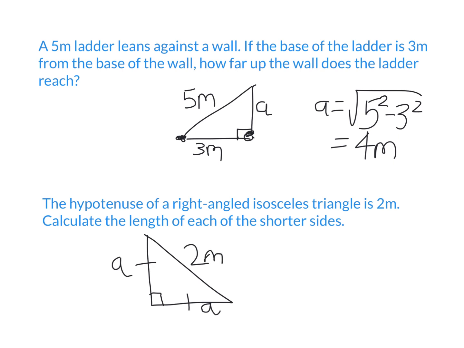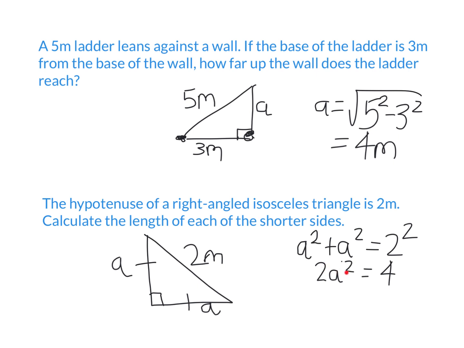So unfortunately here we can't skip straight to the formula. The reason is we have 2 unknown sides. So what we're going to do is use Pythagoras' formula that we started with. Pythagoras' theorem says shorter side squared plus shorter side squared equals longer side squared. So a squared plus a squared is 2a squared, and 2 squared is just 4.